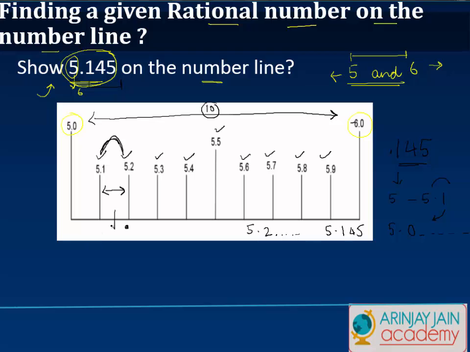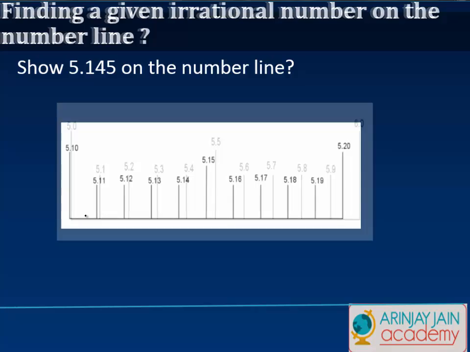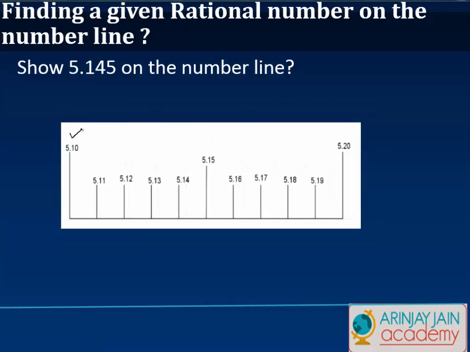So what we do is we just expand this 5.1 and 5.2 such that we again divide this particular area into 10 equal units. So we have 5.11, 5.12, 5.13, 5.14, 5.15, 5.16, 5.17, 5.18, 5.19 and 5.2.